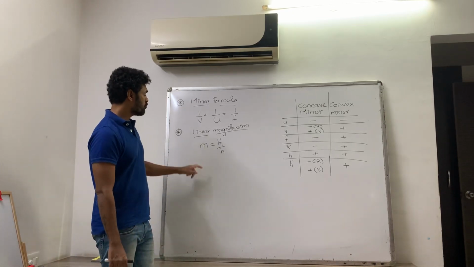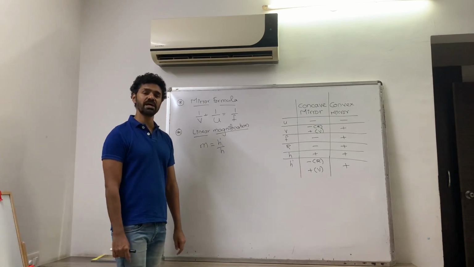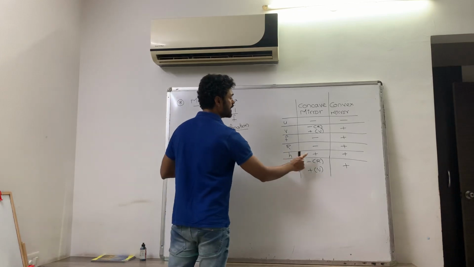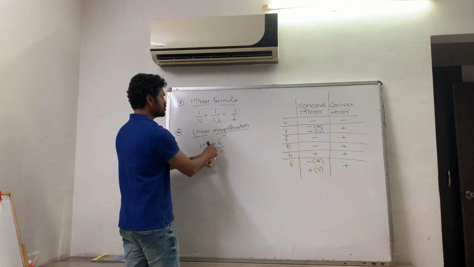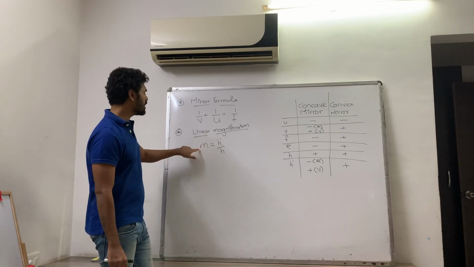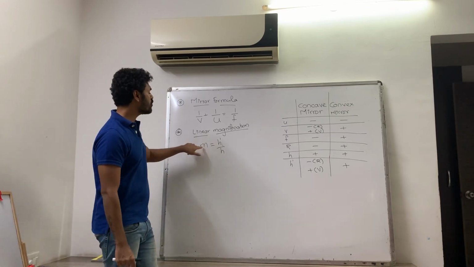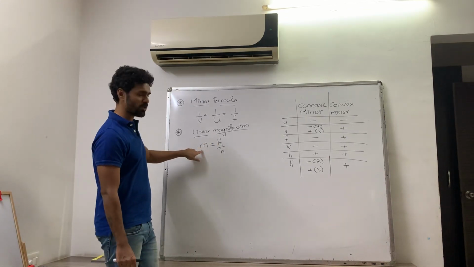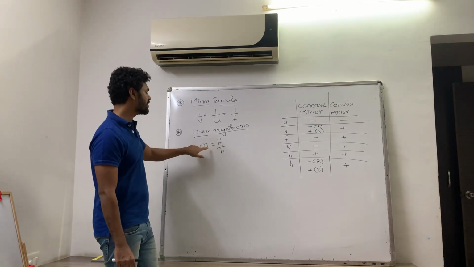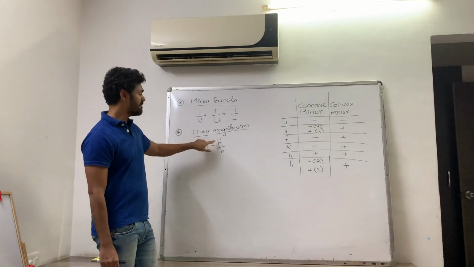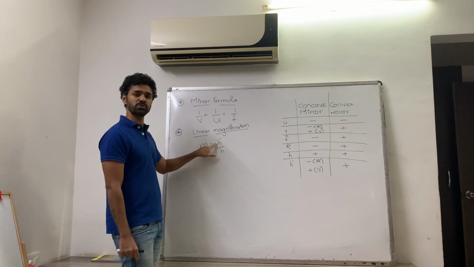Second thing, what can we infer from the sign of m? We know h is the height of object, and the height of object is always positive. So in this fraction, the denominator is always positive. So the sign of m would be the sign of h dash. If h dash is positive, m is positive. If h dash is negative, m is negative. Now what is h dash? Height of image. When is h dash positive? If the image is virtual.